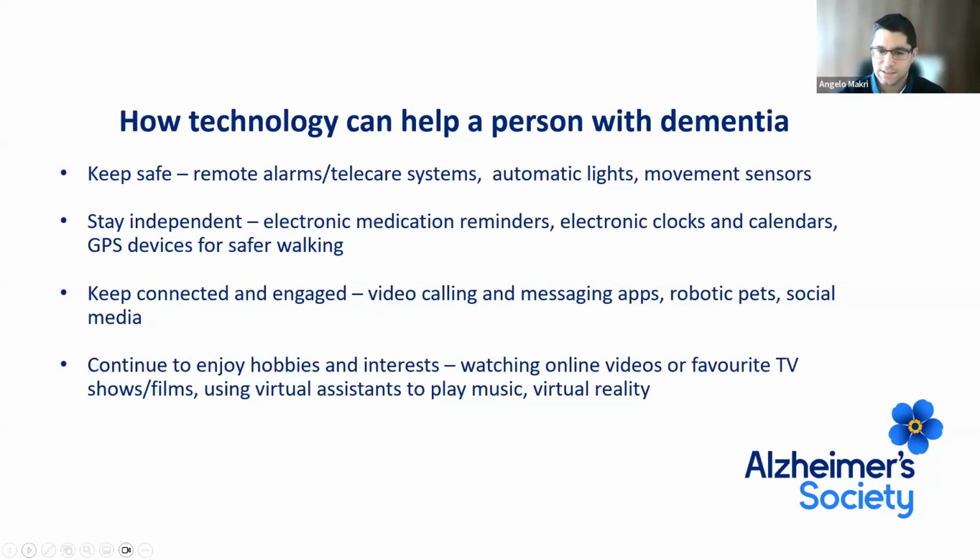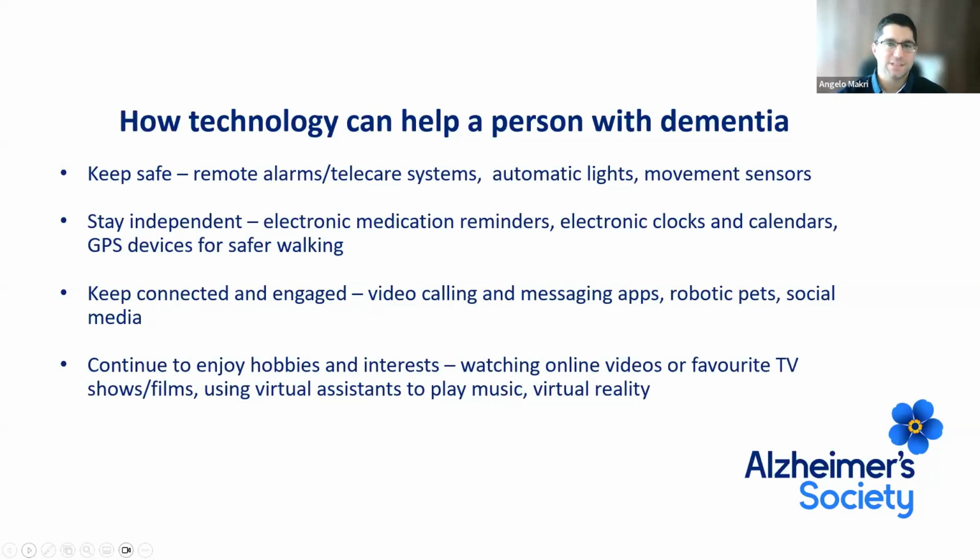Then there's keeping connected and engaged. This can be video calling and messaging apps, and robotic pets, which some people find really helpful, especially if someone used to have a pet but isn't able to look after one anymore. I've included social media.